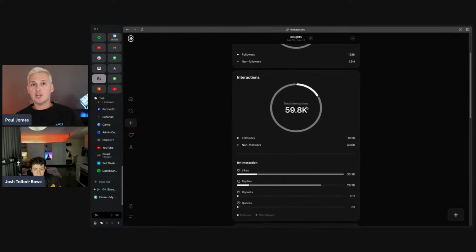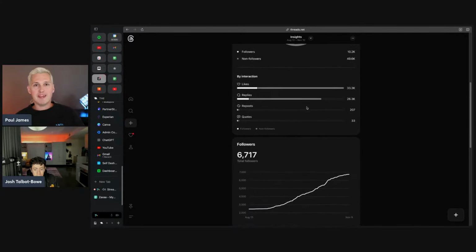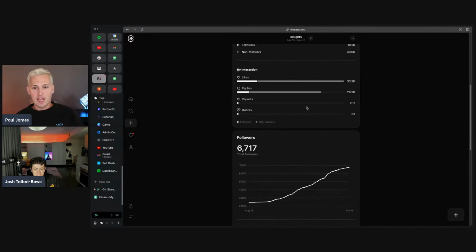So the strategy that you're going to learn here today works even if you're a beginner starting off with no existing following, because we call it threading the algorithm. You're literally going to hop into Threads' algorithm and reach everyone that's on there, even if they're not following you yet, and get yourself and your offer in front of them so that you're not paying for traffic and you can actually get started with this strategy right away.